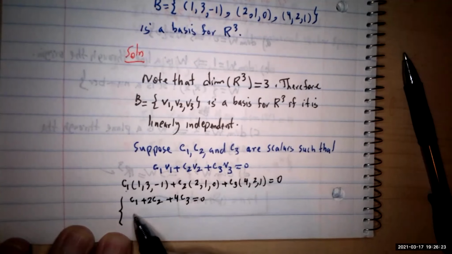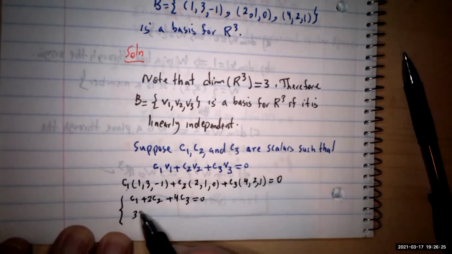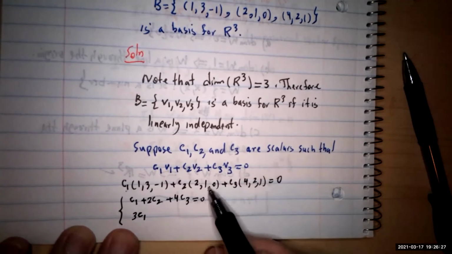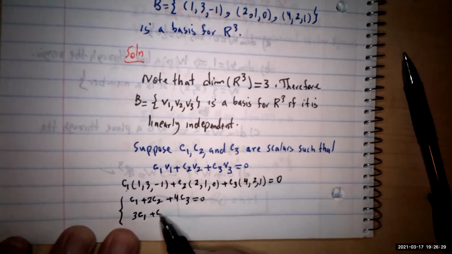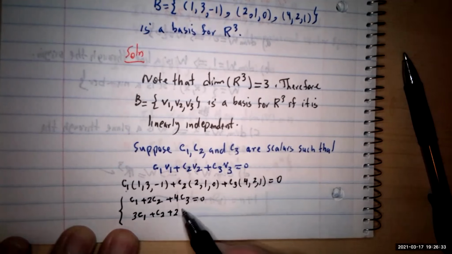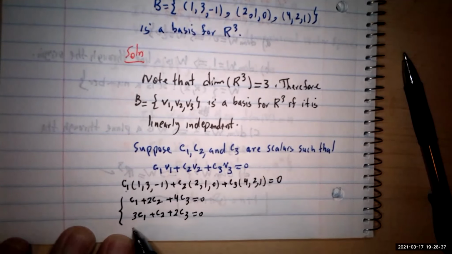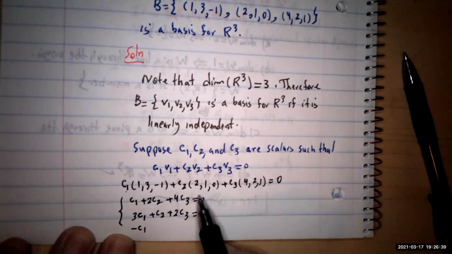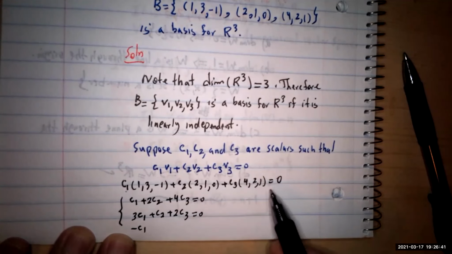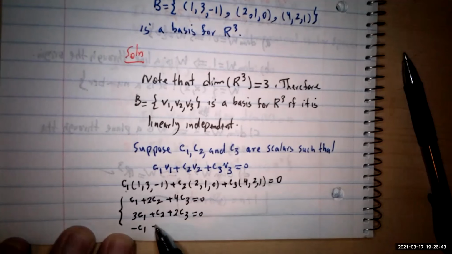The second component: 3C1 plus C2 plus 2C3 equal to 0. The third component: negative C1, plus 0, plus C3 equal to 0.